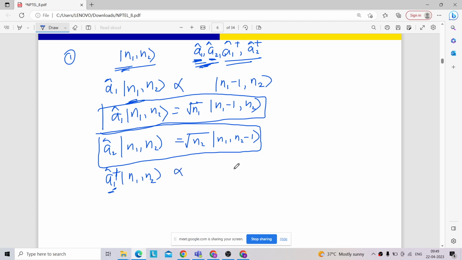It will be proportional to N1 plus 1, and the second system will be unharmed, so it will remain as it is. So what will be the eigenvalue? The eigenvalue depends only on the first system's particle number, so it will be root of N1 plus 1. So this proportionality goes away, and this is equal.